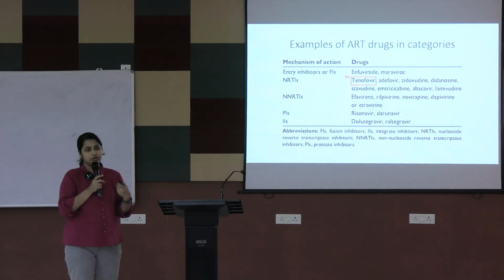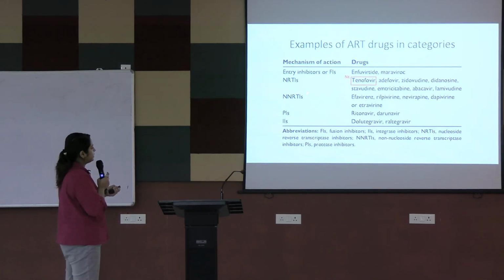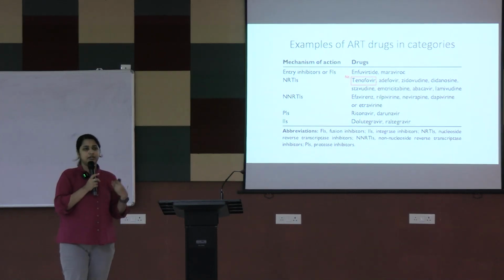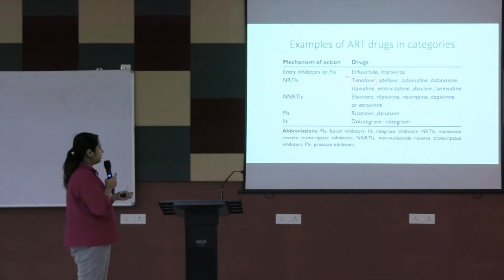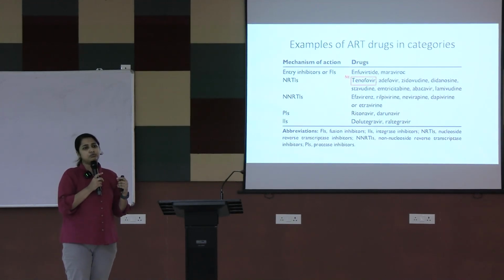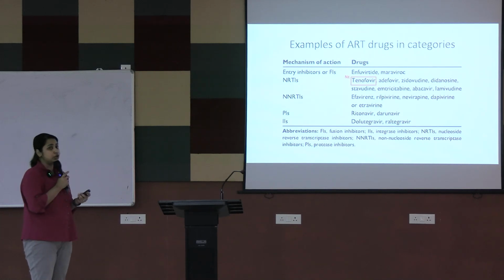These are all drugs used in the regular regimen. Then there are non-nucleoside reverse transcriptase inhibitors, that is efavirenz, nevirapine and etc. Protease inhibitors, ritonavir, darunavir, and the new group of drugs, that is integrase strand transfer inhibitors, that is dolutegravir and raltegravir. So in each of these categories you remember at least 1 to 2 names for each drug, okay, especially those which are used in the regimen.